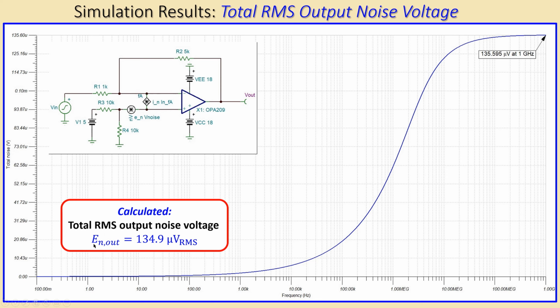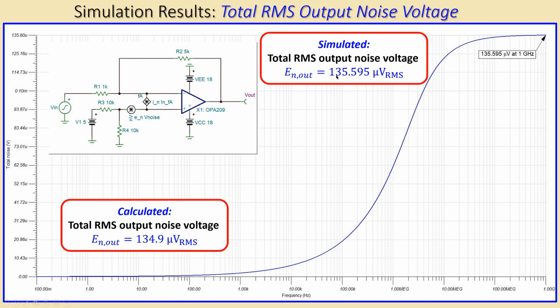That's our calculation for the total RMS output noise voltage, and the simulation says 135.6 microvolts RMS. So the difference here is just 0.7 microvolts RMS approximately. So that is a really nice result in terms of percentage. That is a confirmation again that the calculations do match very well with the simulations.